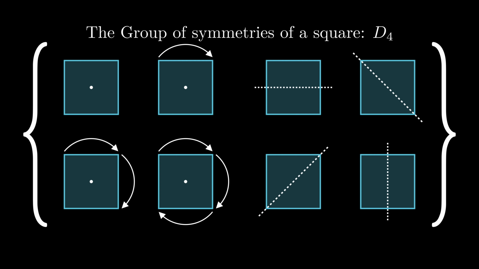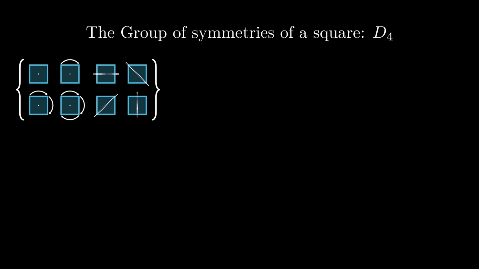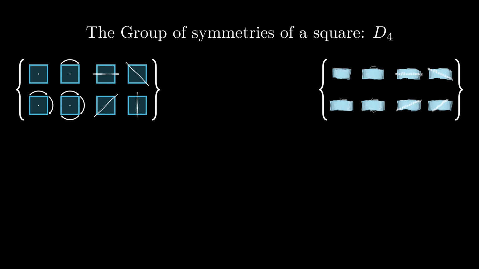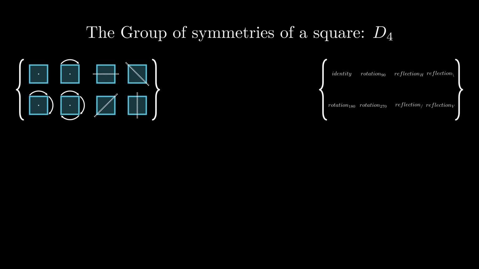So let's try again. This time, we'll give each symmetry a name. However, this is still quite a lot of effort to write out, and we can't easily see how they interact with each other.